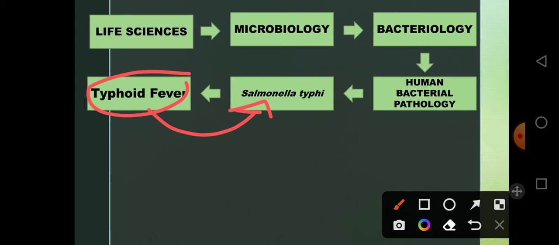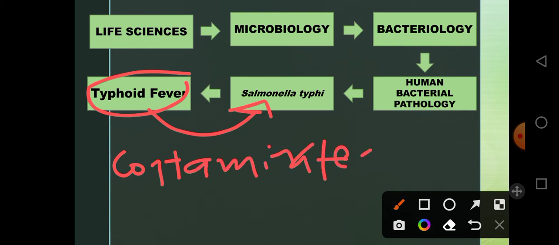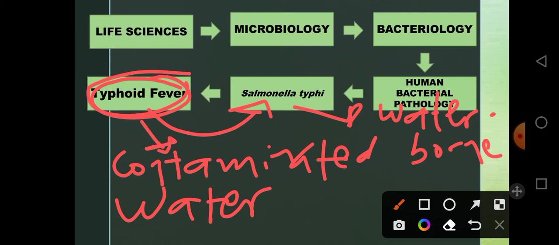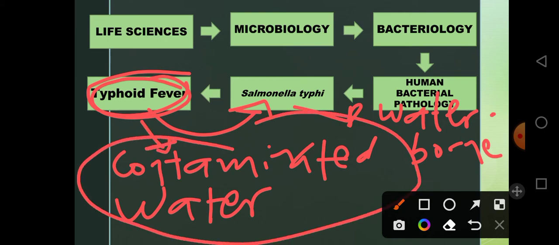So typhoid fever can be acquired upon the consumption of contaminated water. Okay? Note, class, that Salmonella typhi is a waterborne bacteria. So when we say waterborne, it lives in water environment or aqueous environment. Therefore, class, typhoid fever is a waterborne disease, which we can acquire through the consumption of contaminated water.